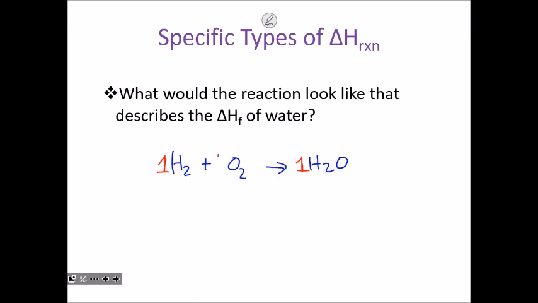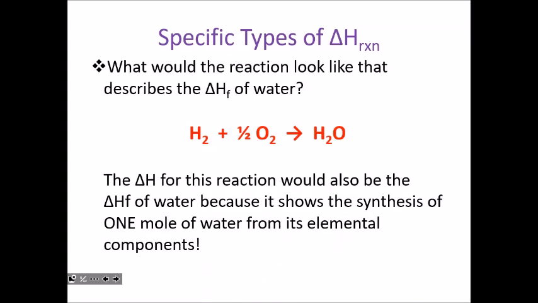This is going to end up being a half here. And that's where we get our fractional coefficients. Okay? So I'm going to have you go ahead and try. Yeah, there's our answer. H2 plus 1/2 O2 is going to give us 1 mole of water. Okay? 1 mole of the formation of the compound. That's why it's called formation, being formed from its elements.